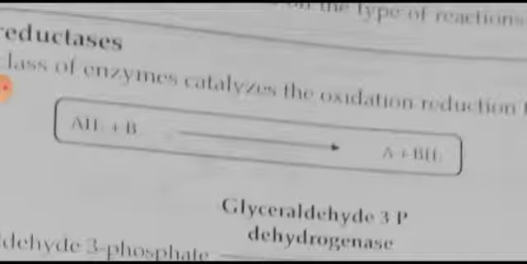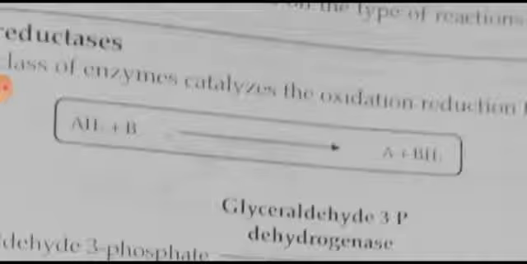You can see in this AH plus B, arrow, A plus BH2. What is oxidation? Oxidation means removal of hydrogen. And what is reduction? Reduction means addition of hydrogen. Removal of hydrogen is oxidation, addition of hydrogen is reduction. So in this figure, AH is there, plus B. On the left side, A is having H and B is not having H. After the arrow, you can see A plus BH2.